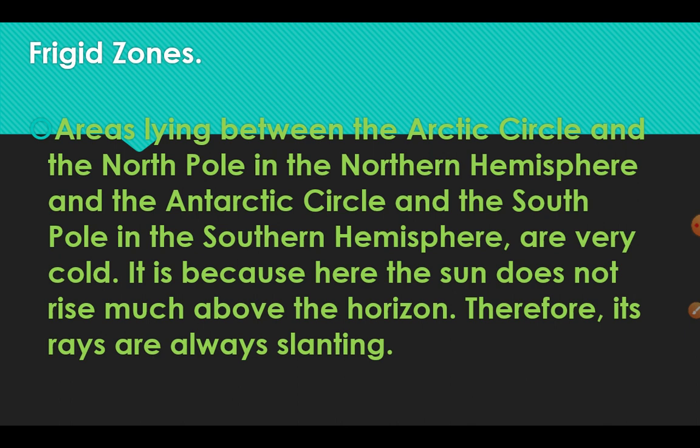Chandrapur in India is situated at 20 degrees north of the equator, while Belo Horizonte in Brazil is 20 degrees south of the equator. Therefore, we indicate that Chandrapur is at 20 degrees north latitude and Belo Horizonte at 20 degrees south latitude, right? So this is the difference between north and south latitude.